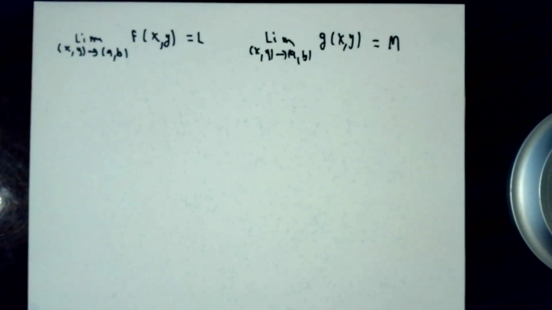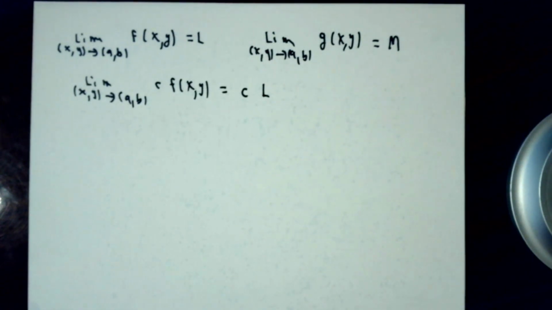To save writing, in everything that follows, the limit as (x,y) approaches (a,b) of the f function is going to exist at some real number L, and likewise the limit of g exists and is some number m. If I write c, I mean a real number that's a constant.